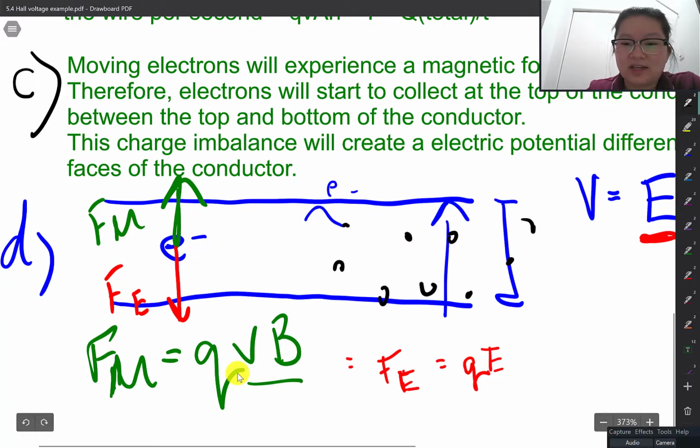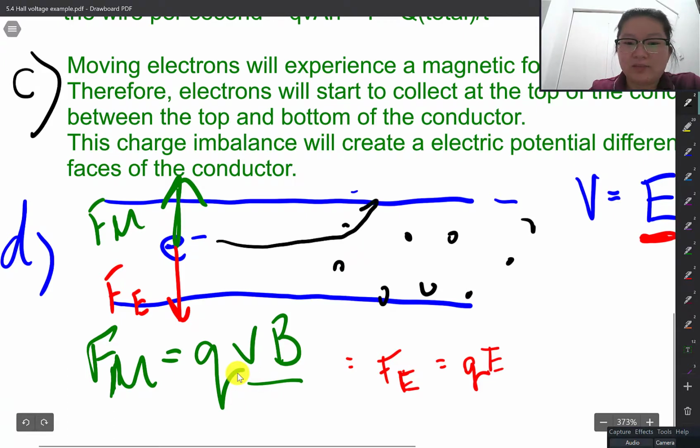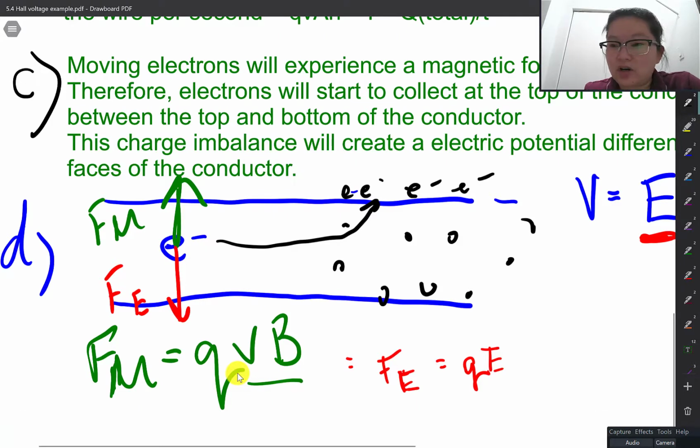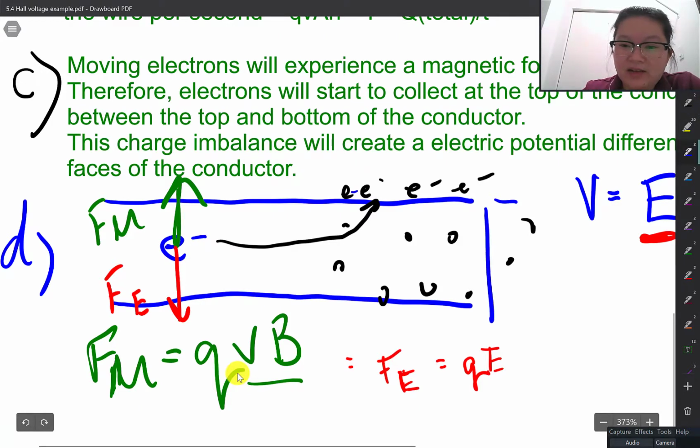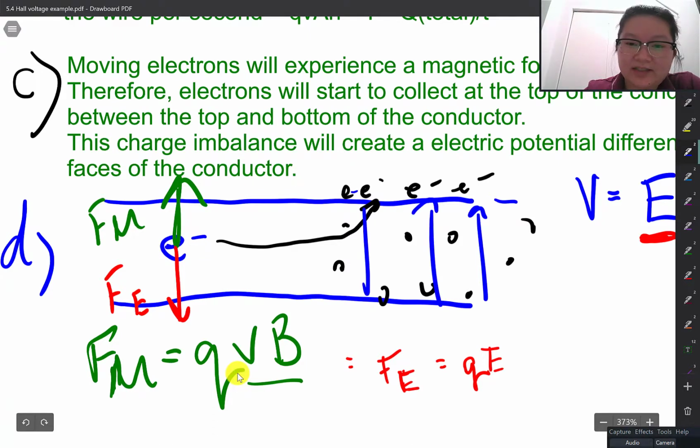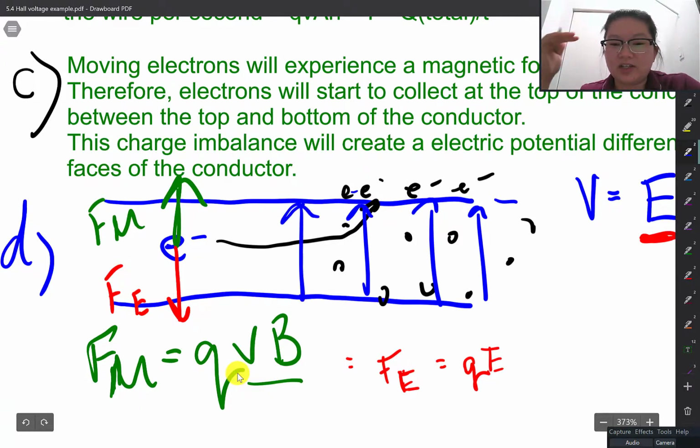These electric field lines don't exist yet because no charges have accumulated. So as this electron moves through, and then bam, it lands on the top. There's a collection of electric charges at the top, meaning that you're going to get electric field lines, a uniform electric field due to the collection of charge there.